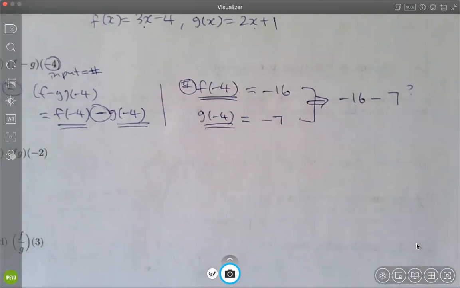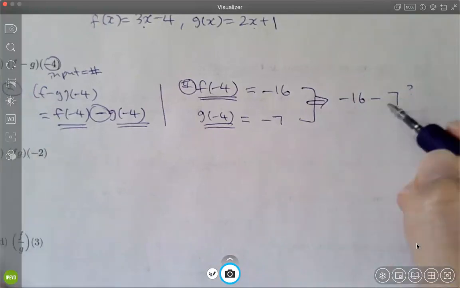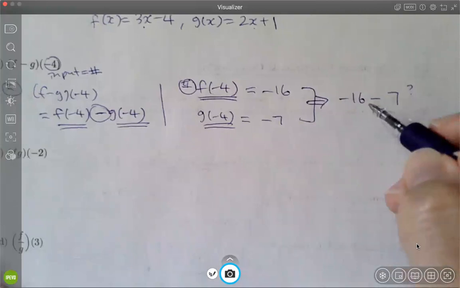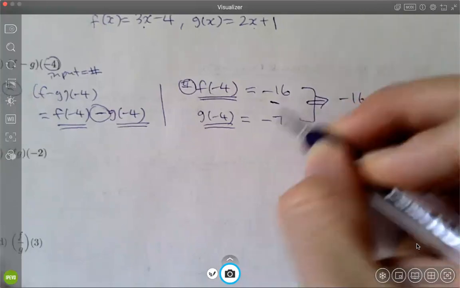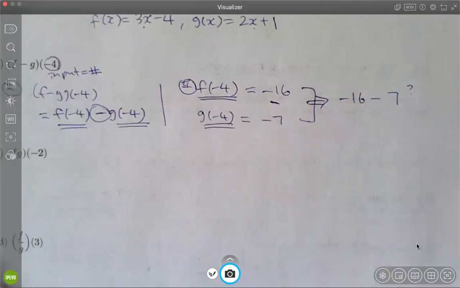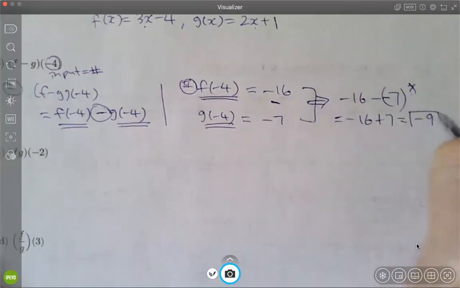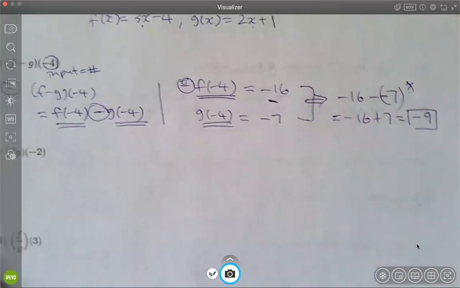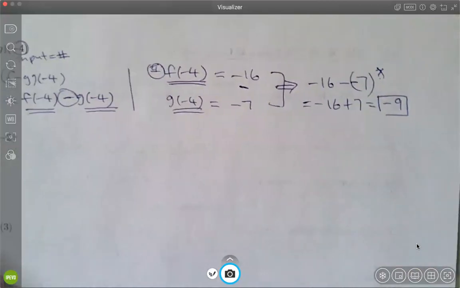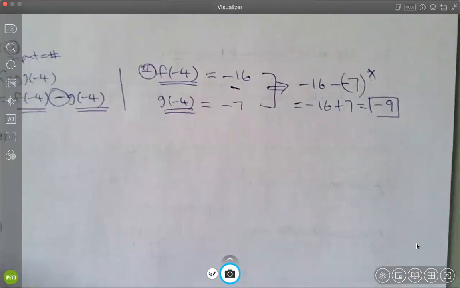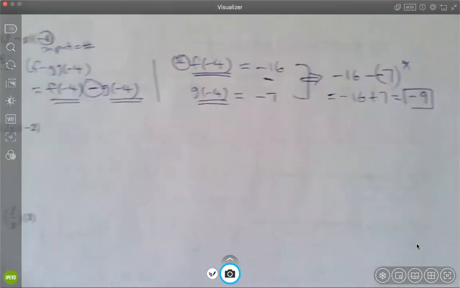Be careful, because we have to subtract -7 from -16. Which is -16 plus 7, which is equal to -9, right? Whenever you're dealing with a subtraction sign, be careful with possible double negatives, which turn into a plus sign. So -9 is the answer for B.